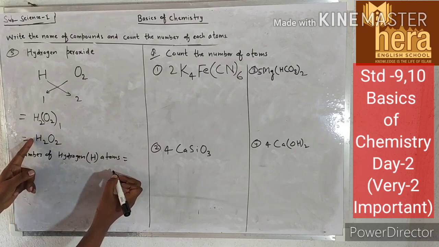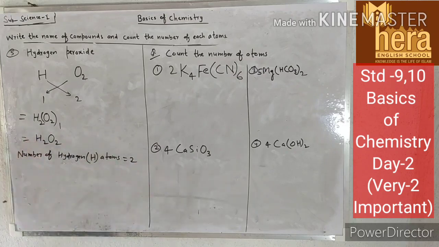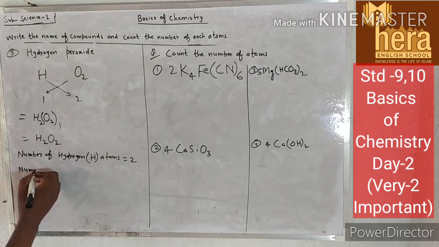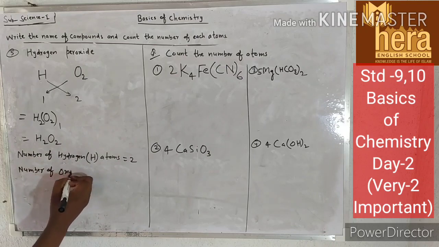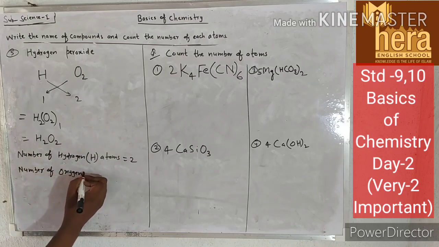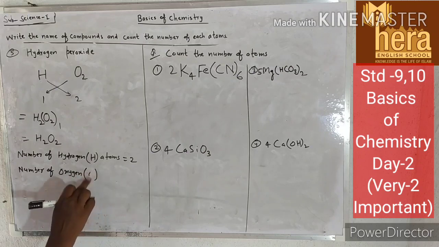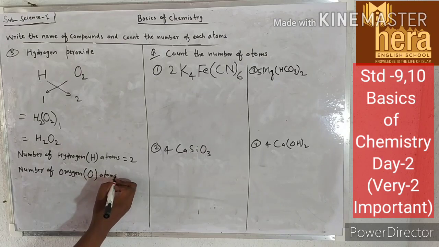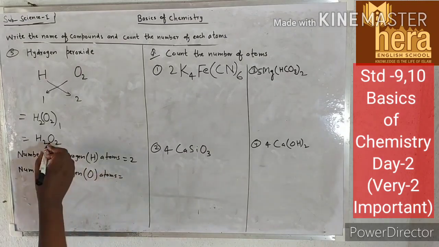Here is 1, 1 into 2. It means 2. Number of oxygen, O, capital O, atoms is equal to O2.